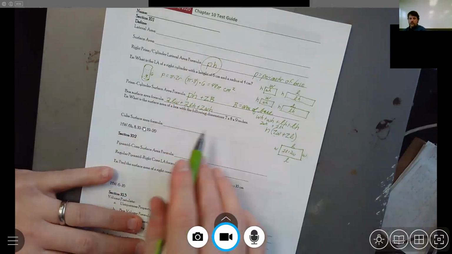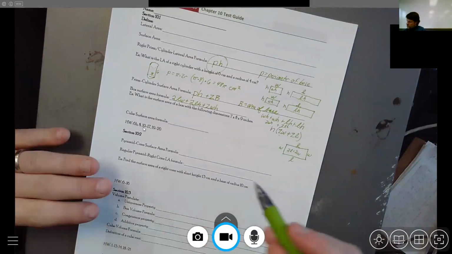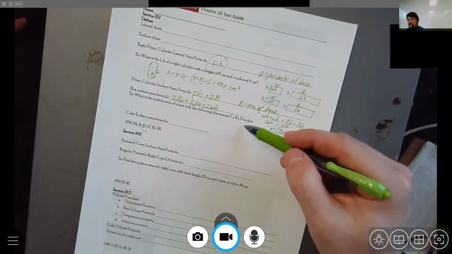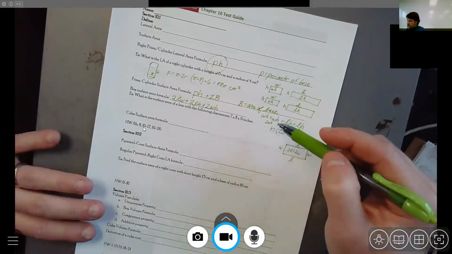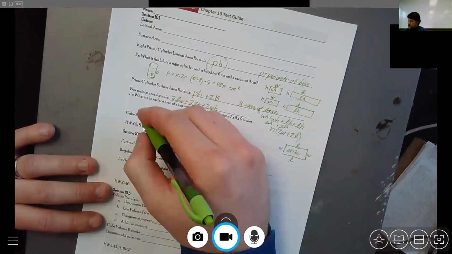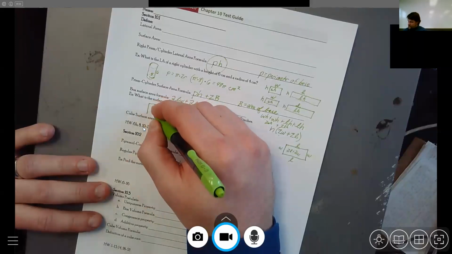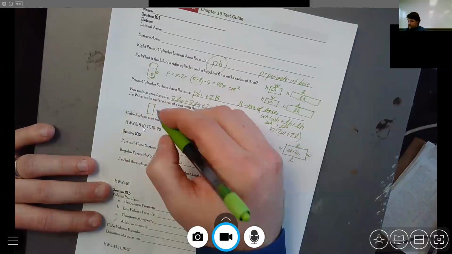So let's look at the example here. And again, you can pause it here a second if you want to try this yourself before you watch me do it. So this is not volume, right? So we're not just multiplying these three together. That's not correct here. We're looking at surface area. So one way to think about it is you can draw what's called a net. And obviously I'm bad at drawing.